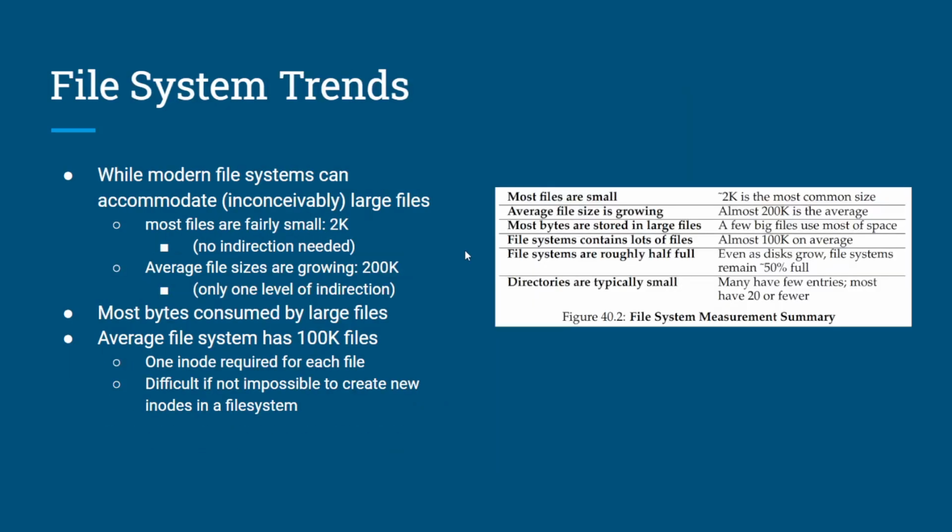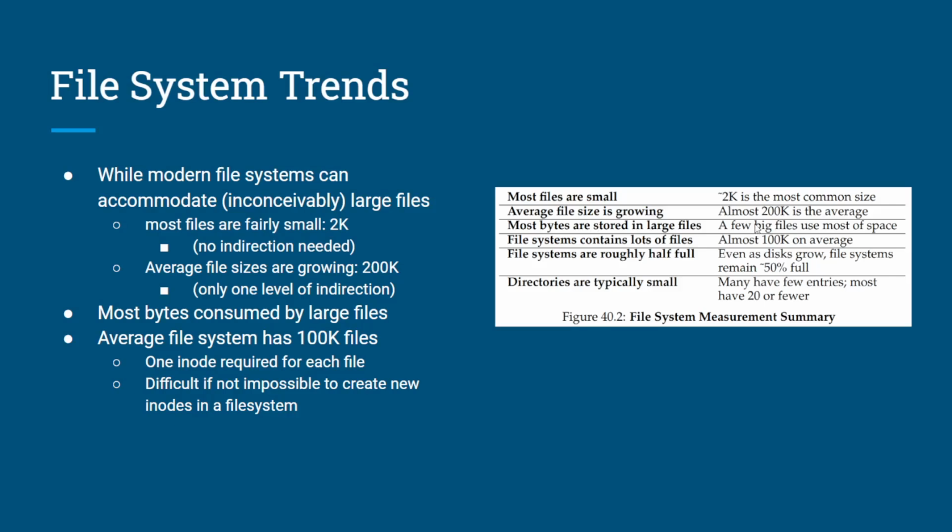So let's talk a little bit about some of the things that are happening in file systems. In general, most files we find are relatively small. 2K is actually a fairly common size, and a 2K file fits perfectly within the first block pointer of an inode, meaning that we don't necessarily need any indirection for most files on a file system.